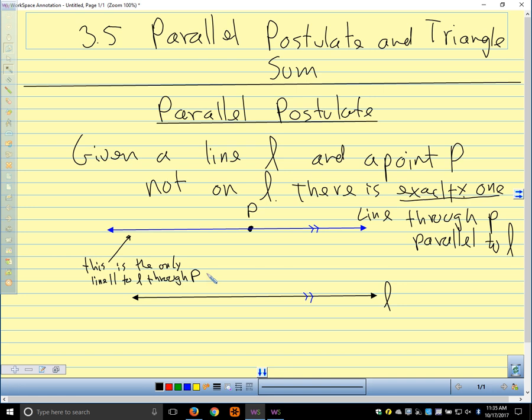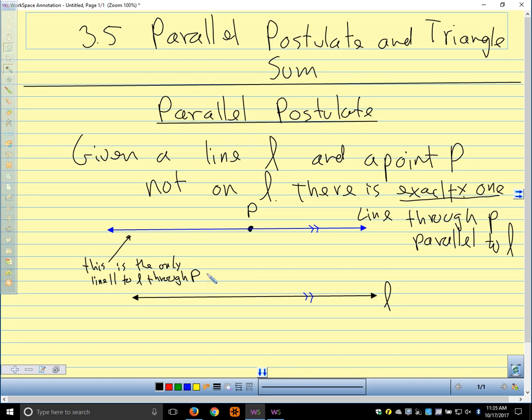So the parallel postulate led to a lot of mathematicians arguing back and forth, but in the end, it led to the invention of new kinds of geometries. So the parallel postulate doesn't seem like a big deal when you write it down, but it turns out it is a pretty big deal in math.